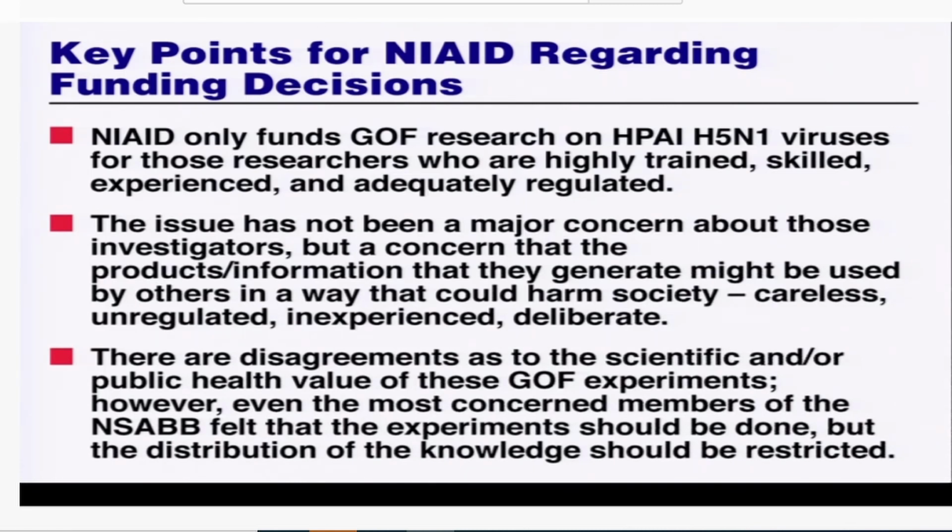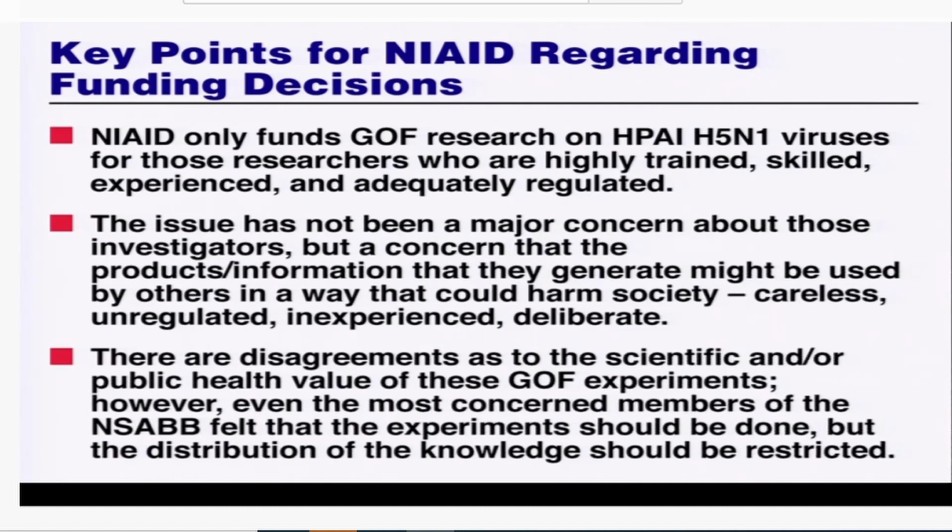The concern was that the products or information generated by these experiments might be used by others in a way that could harm society, either carelessly, in an unregulated fashion, by inexperienced people, or even by deliberate misuse. Now, there are some disagreements, and we've heard them in the broad discussion in those months from the time of the moratorium until now.